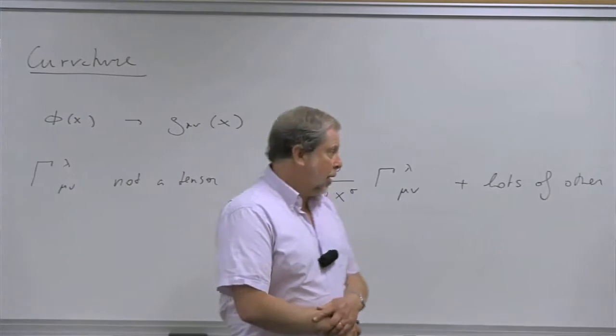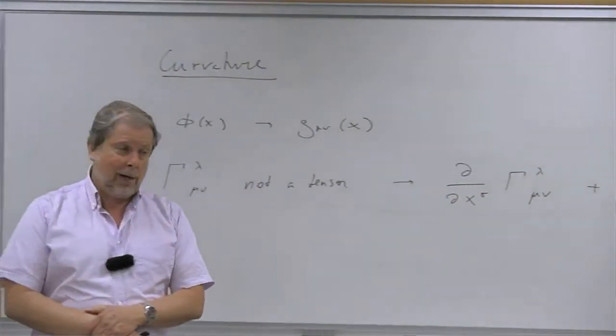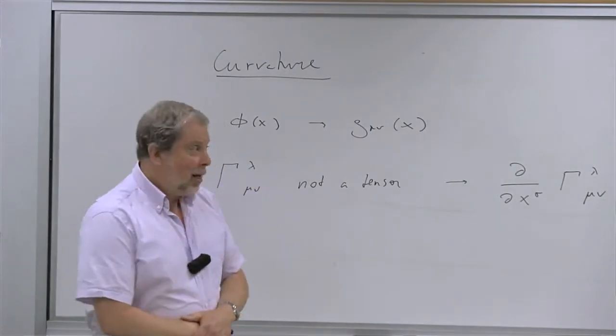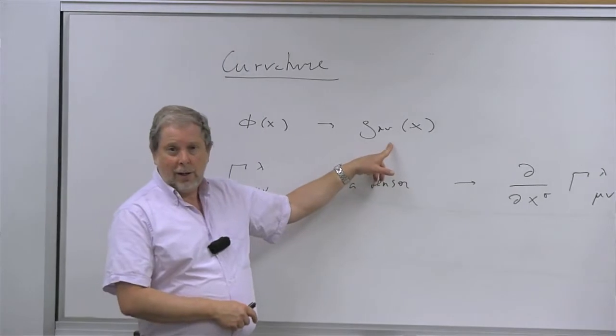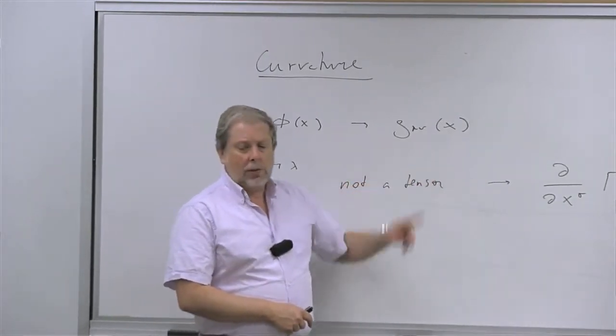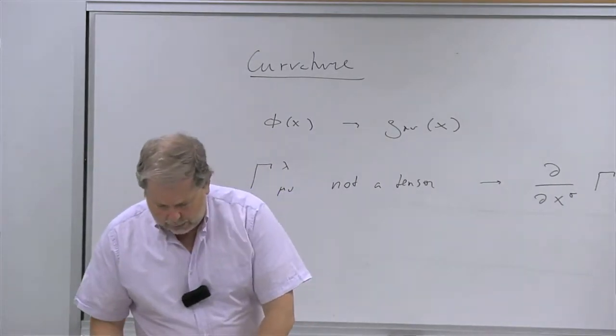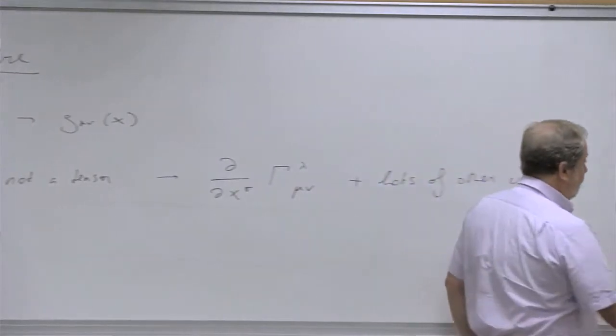So you can construct out of all these derivatives of the gammas something that is in fact a genuine tensor. And it is not something that you can write simply as a covariant derivative of the metric, because that is identically 0, right? So there is this thing, and we're going to write out its form next.